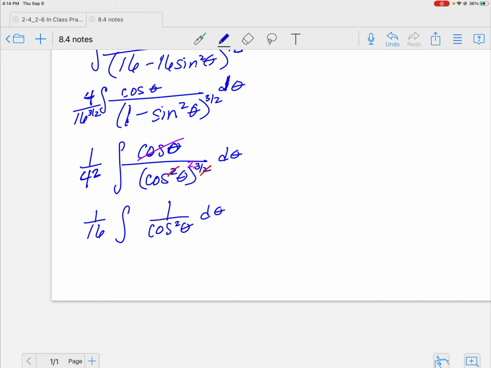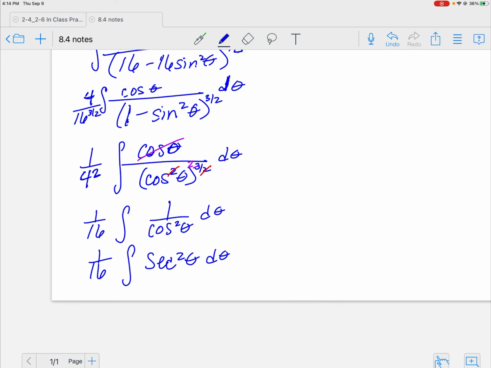So that's just simplifying. The square and the square root cancel and leave me with a cosine cubed in the denominator. So one of the cosines from the numerator takes out that cube, just leaves me with a squared. Then we use identities. 1/16 here, and I end up with secant squared theta d theta.